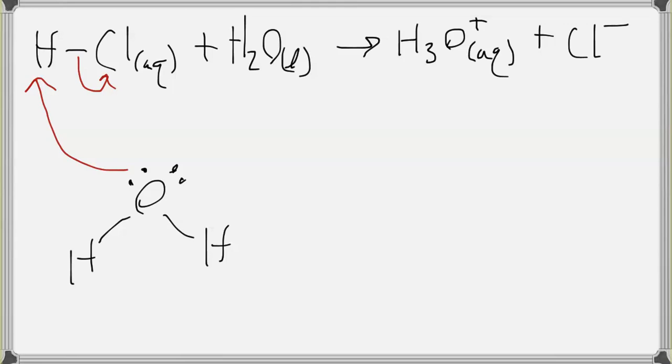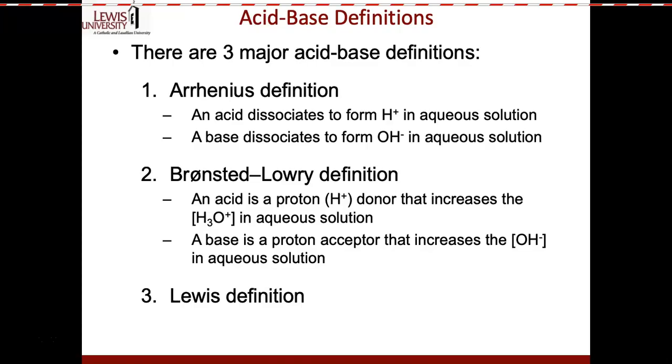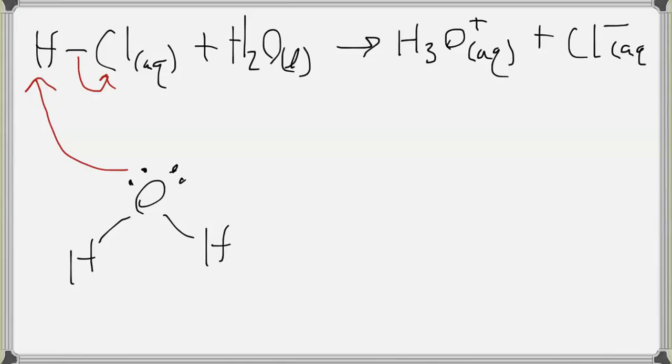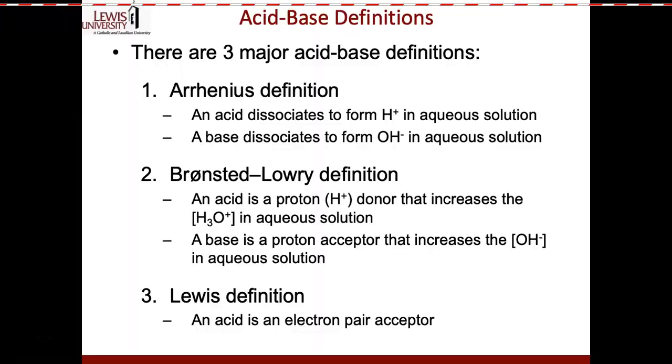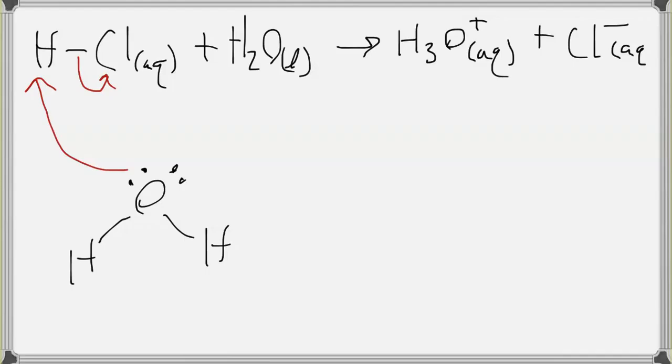and Cl-. Okay, that Cl-, right? This H3O+ is known as the hydronium ion, and the hydronium ion is actually what gives us the acidity in solution.